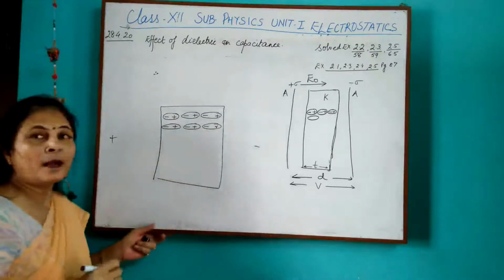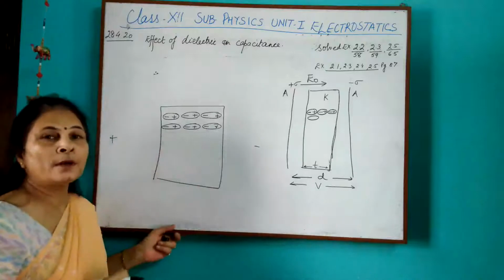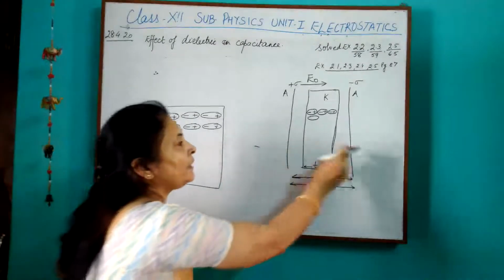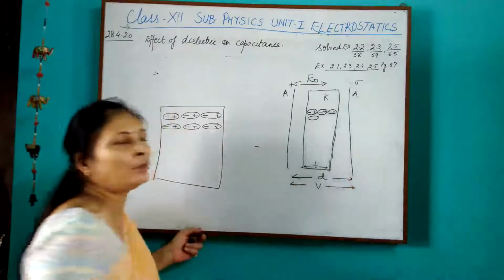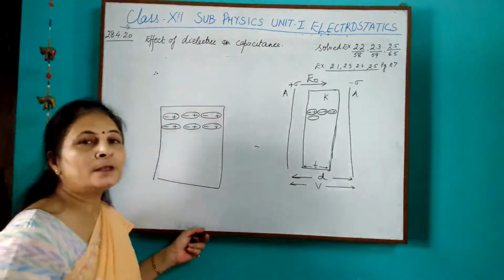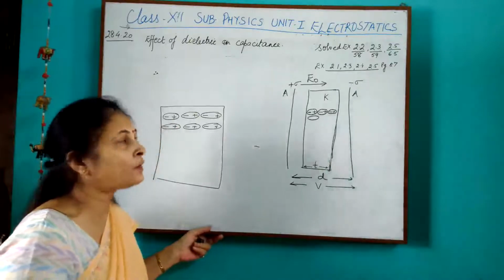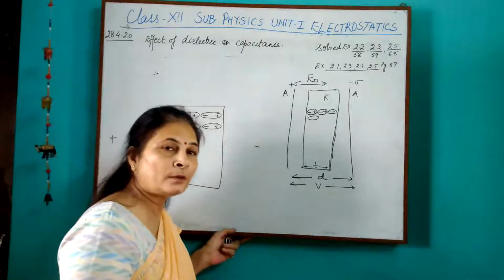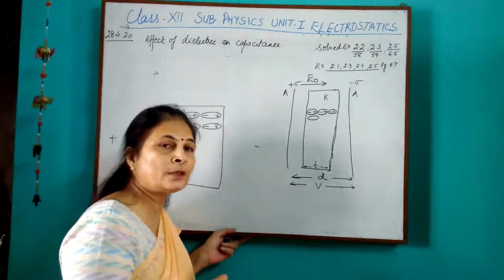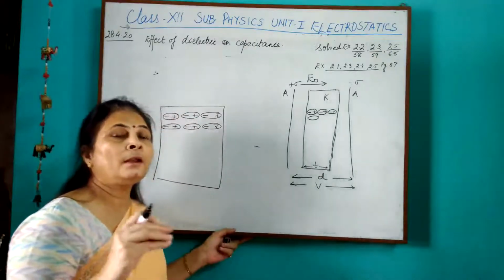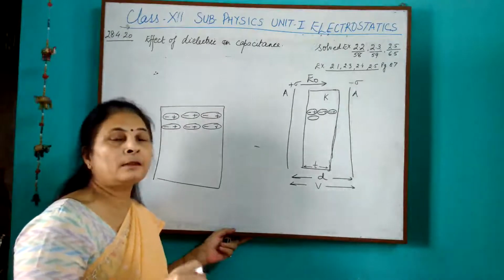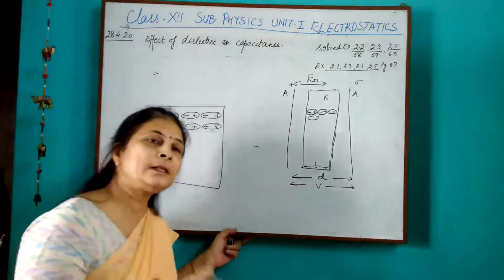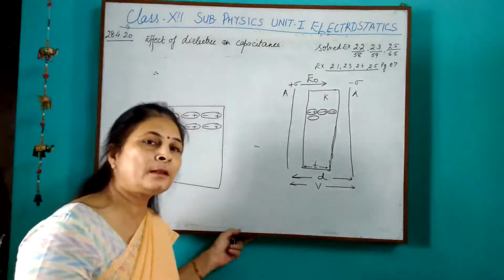And how much they will be polarized will depend upon the strength of the electric field between these two plates, that is, how much charge is being stored by the capacitor, or how much charge is there on the plates of the capacitor. If the charge is more, they will get more polarized because the effect of the electric field will be more. If it is less, they will be less polarized. And what if we keep on increasing the electric field or the charge on the capacitor?